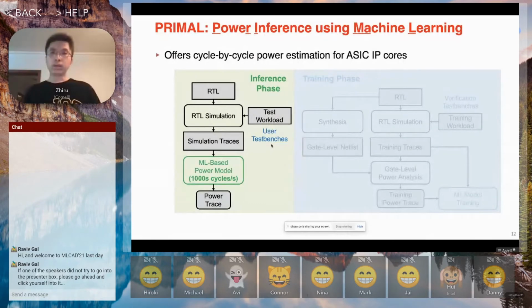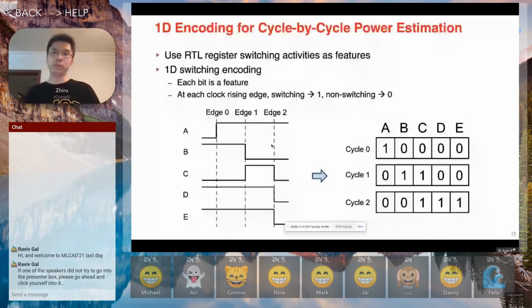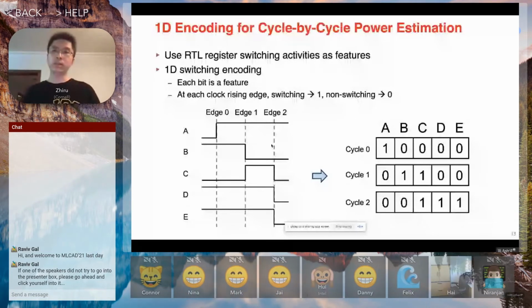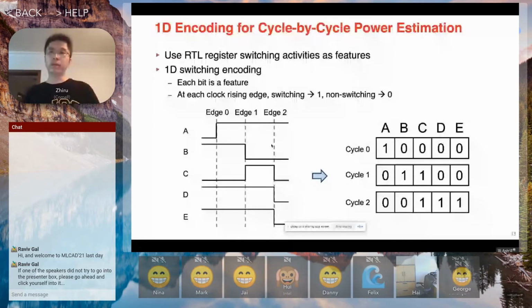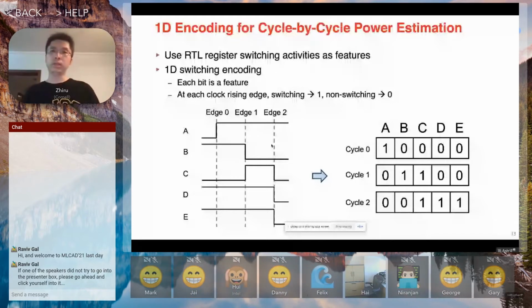Of course, it's important to encode the right features for training the ML model. It's actually not that hard to come up with a set of features when we run the RTL estimation. One way is the so-called 1D encoding. Here we're doing cycle by cycle power estimation.